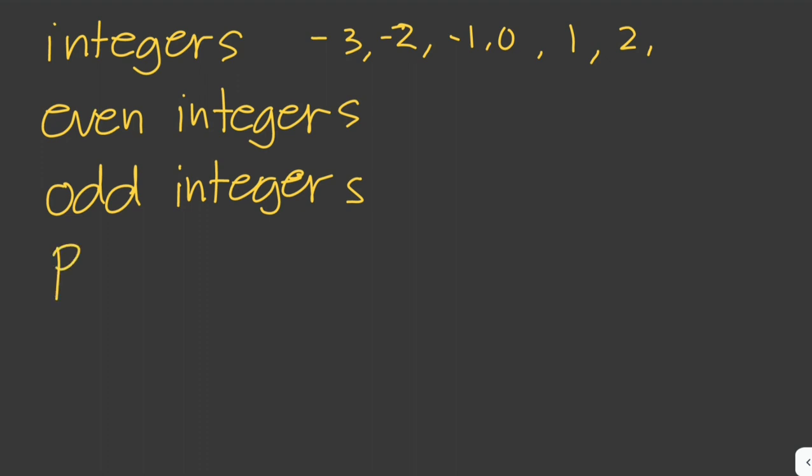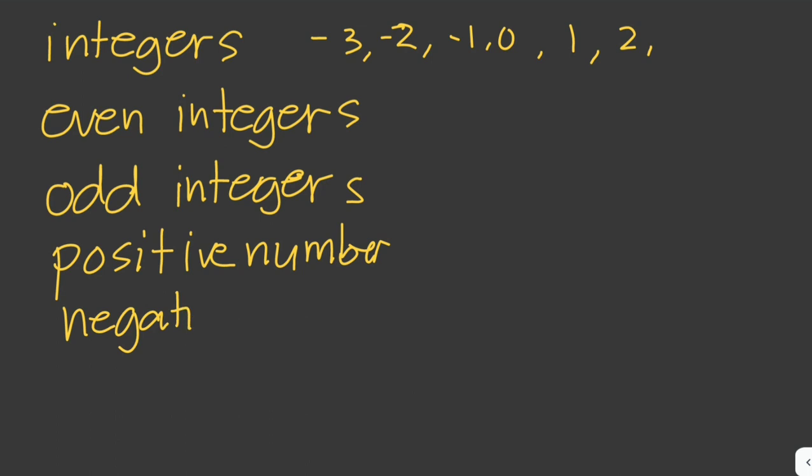And then we have positive number, and then negative number. Say we have positive 2. The opposite of that is -2, so -2 is a negative number.